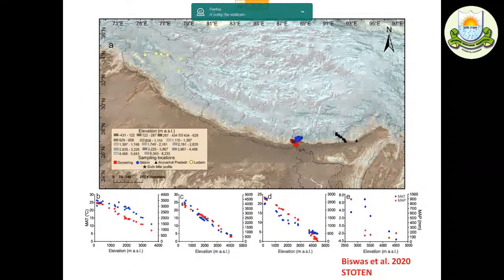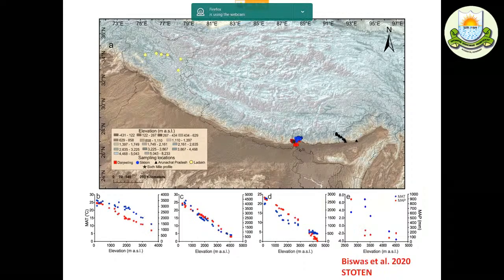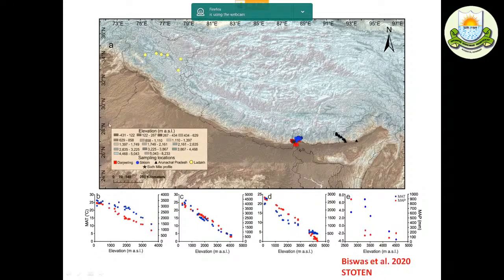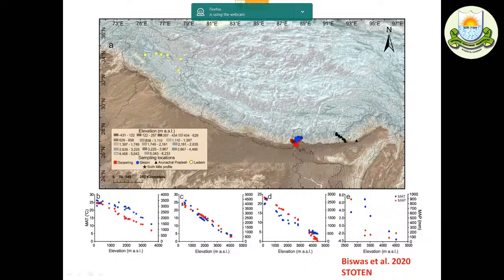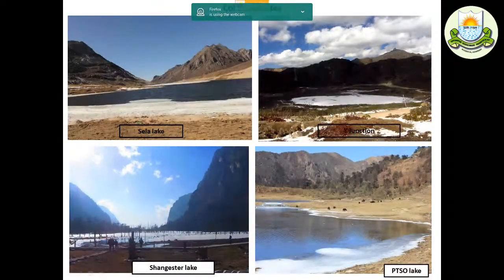So we wanted to check whether rainfall variation has an effect on the IC, or how our IC could be improved so that the most accurate result could be found in the Himalayan region. Okay, this is the temperature and precipitation variability in these four sectors from where we have collected samples. These are our study areas.